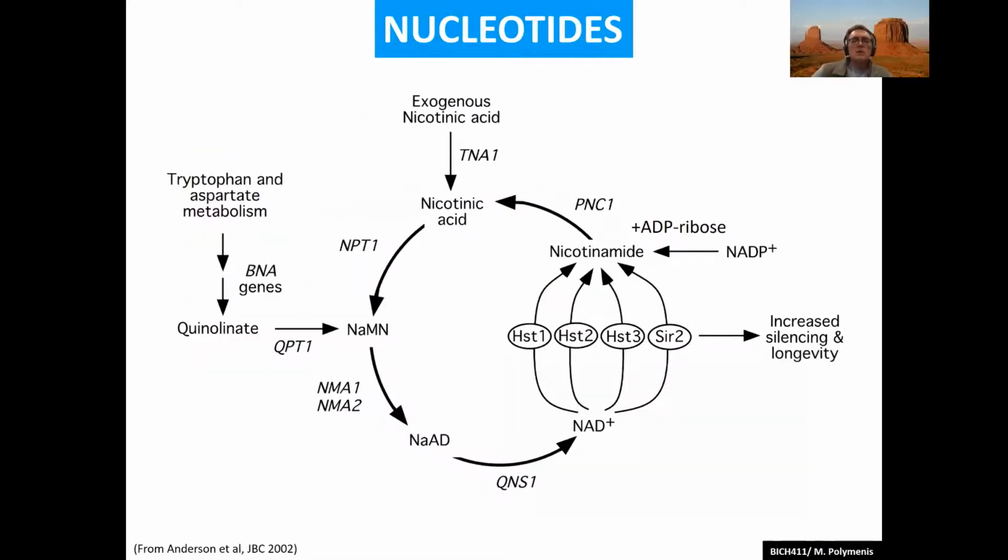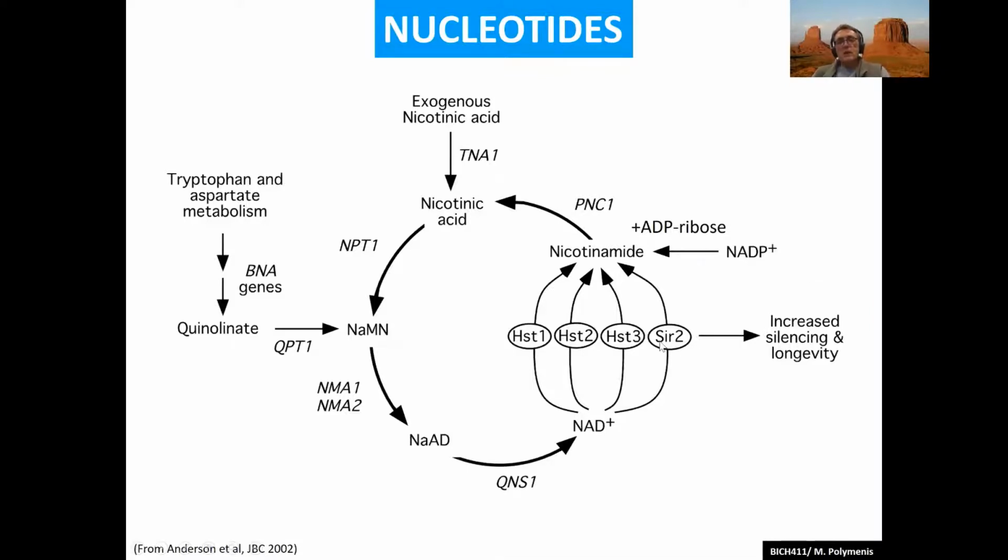These enzymes are using NAD as a cofactor, and they take the ribose part, so nothing to do with its electron currency properties. They use it to deacetylate various substrates, and that has very interesting downstream properties.